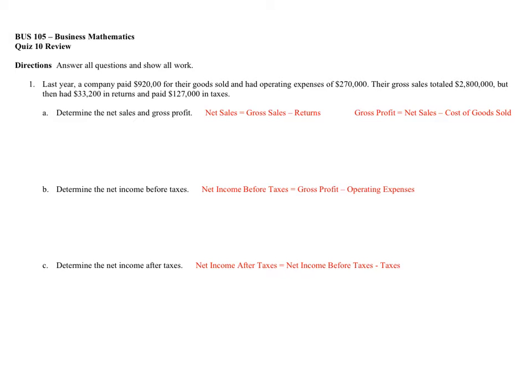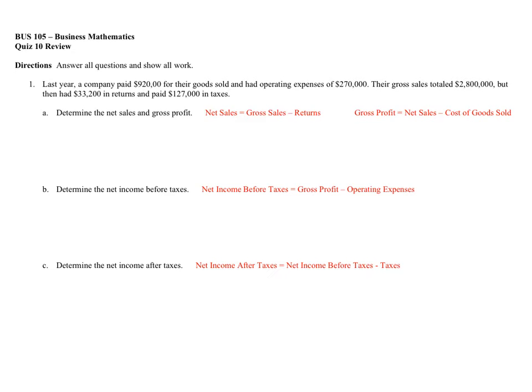So to start with, let's determine the net sales and gross profit. I've put these definitions over here, and I'm going to start with net sales. That would be your gross sales, but then you're going to subtract off any returns. We can do this in a calculator.